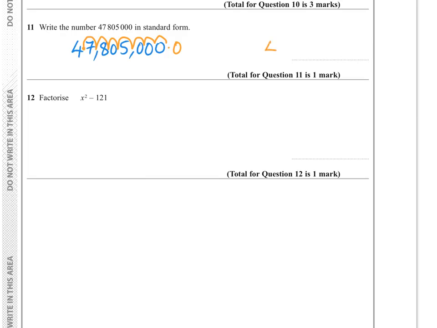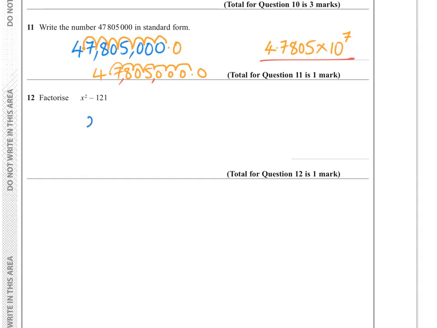So we could write that as 4.7805 times 10 and again and again by 10, 7 times. We can put that to the test to clarify: if we started with that number and we times it by 10 once, twice, 3 times, 4 times, 5 times, 6 times, 7 times, we would end up where we started from. So that would be the answer to question 11.